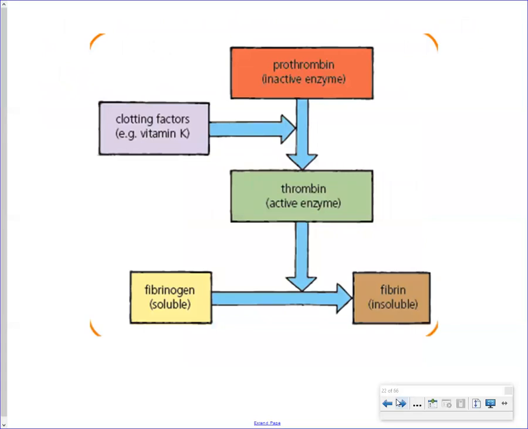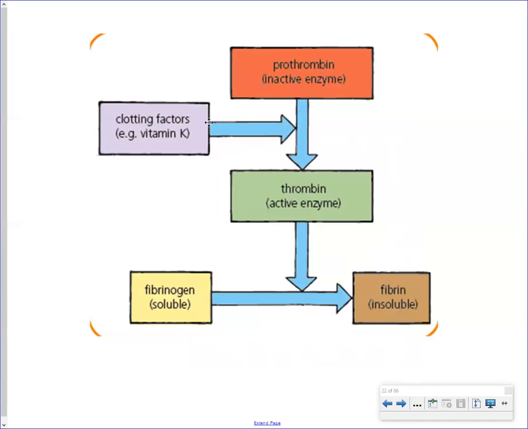So just to review it, damage is caused by the rupture of the atheroma, which is caused by atherosclerosis. That damages the endothelium cells. The damaged cells cause the release of clotting factors.